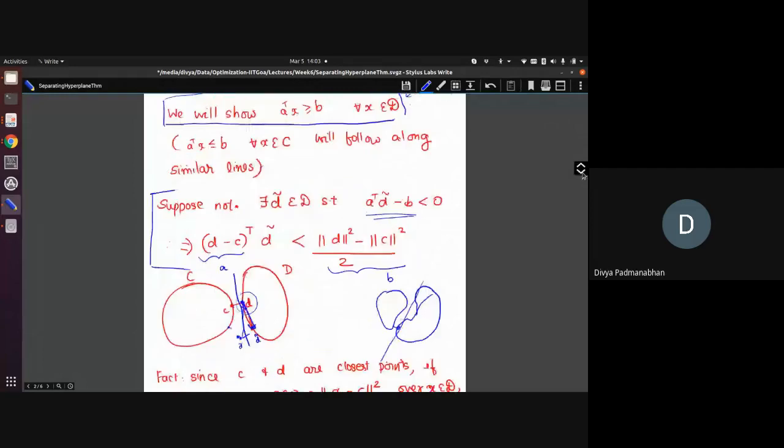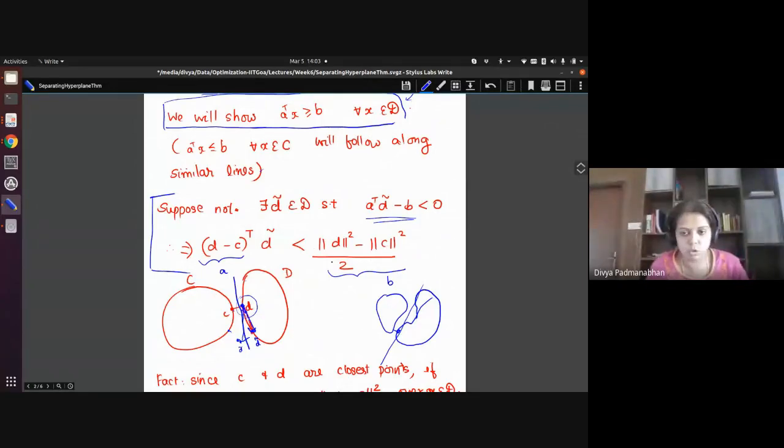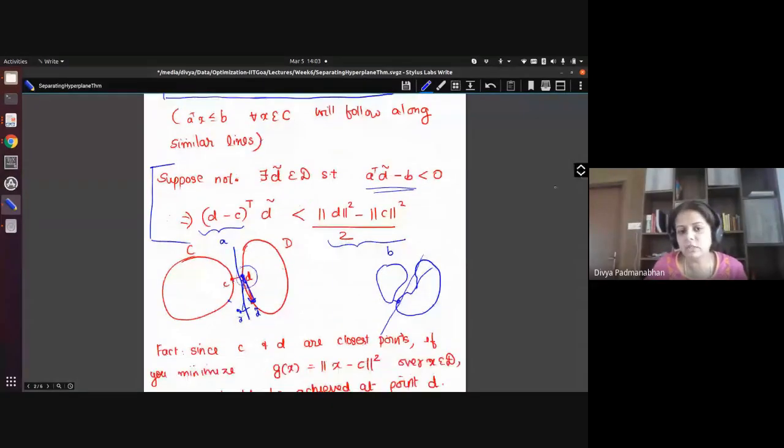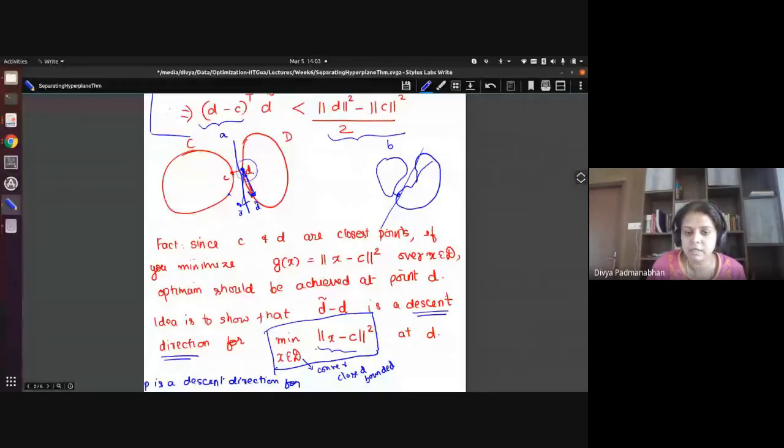So in some sense, it lies somewhere on this side, and we derived some sort of an inequality here, which had to hold if the tilde was violating this constraint. Then we went back and showed that if it doesn't satisfy this, then this point D is not the min.